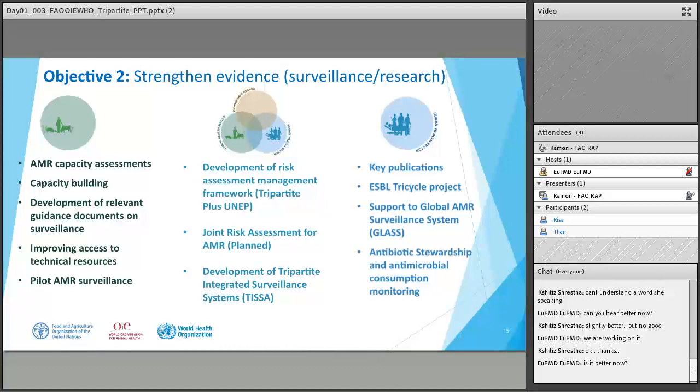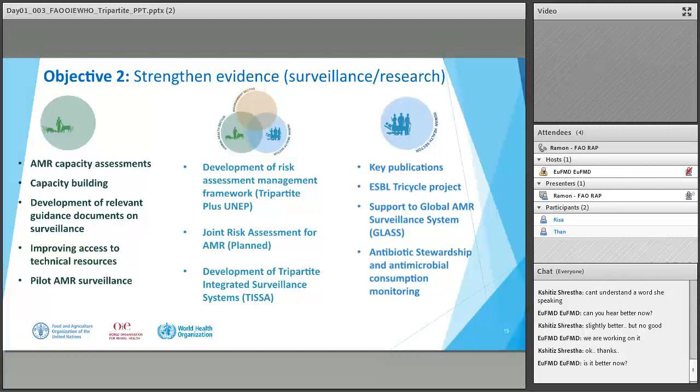Then strengthening evidence. As well as capacity building, we have to provide them access to the technical materials. The strength of OIE is the international animal health standards. Probably you might have heard about the international standards of animal health. OIE is the reference organization to the World Trade Organization, and if you go to the OIE website, you can see all these standards.